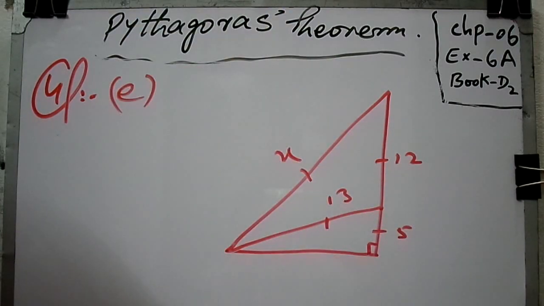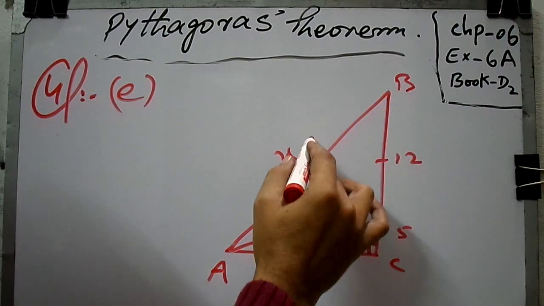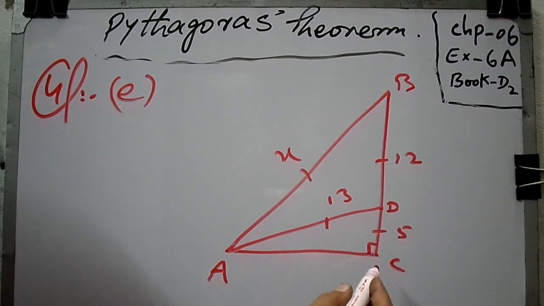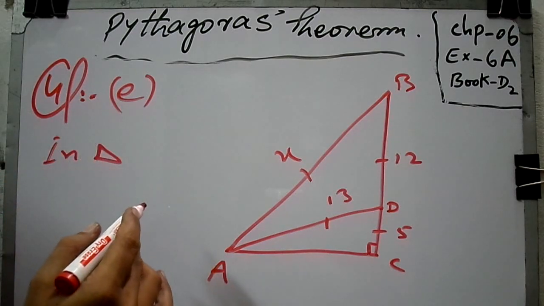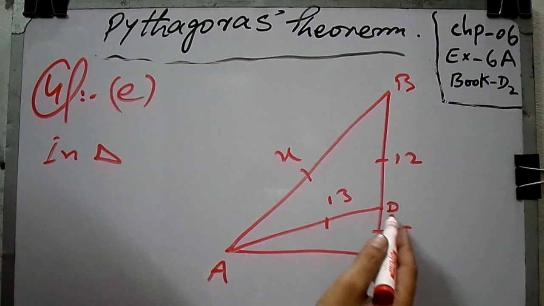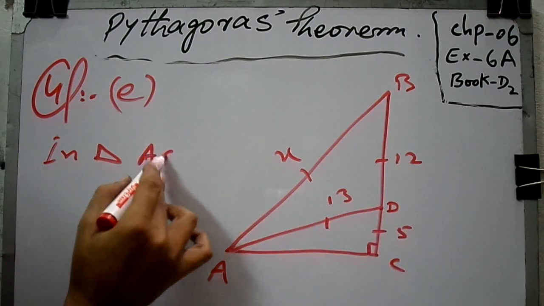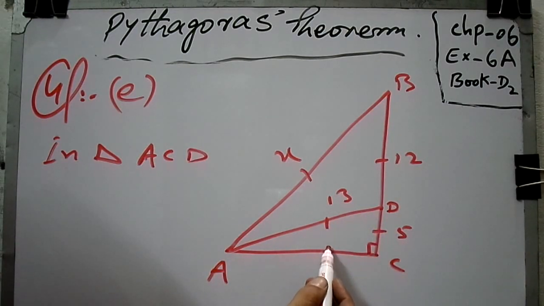No cuts have been given to us, so that is your given configuration. You have to give the names A, B, C, D. Okay, now in triangle ACD, you take this triangle, because two sides are known to us, I have to find this side.